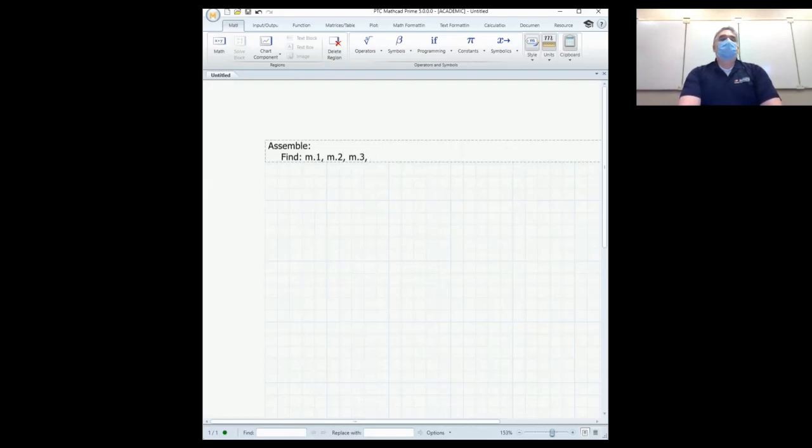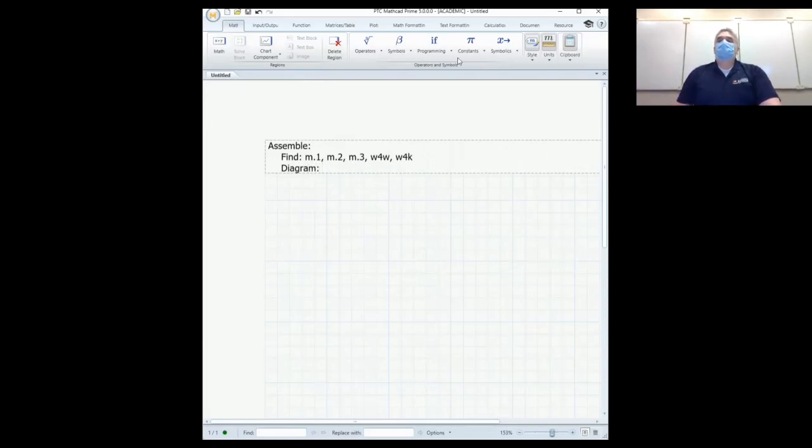And then you also need to find the weight fractions of the output stream, I'll call it 4, of water, and of potassium, K for potassium there. So we're looking for streams 1, 2, and 3 flow rates and the weight fractions of water and potassium in the 4th stream. So let's do a diagram real quick.